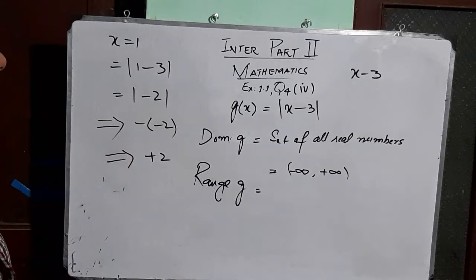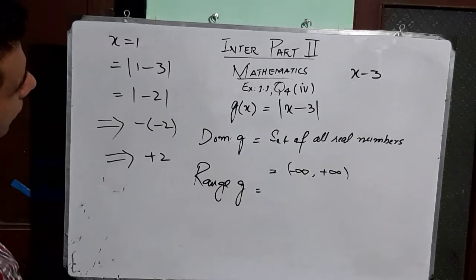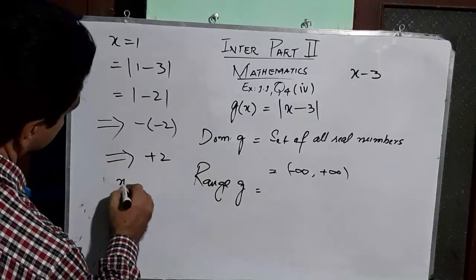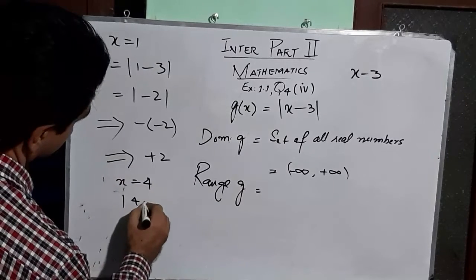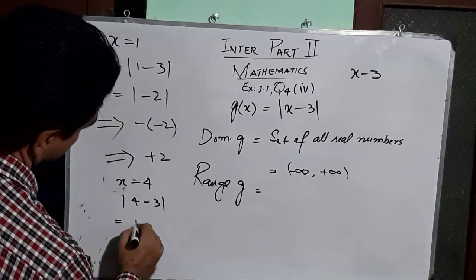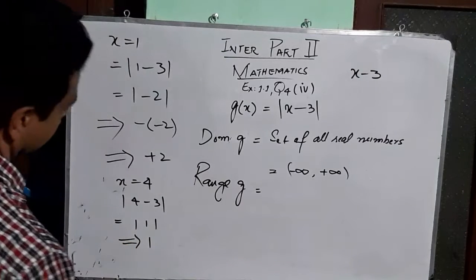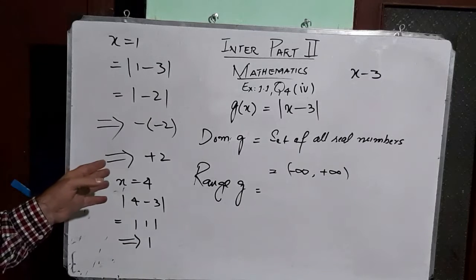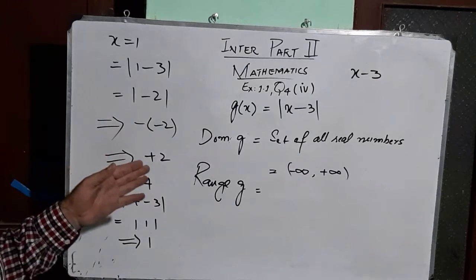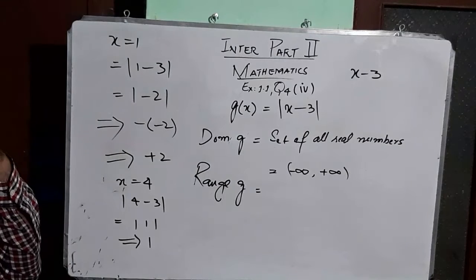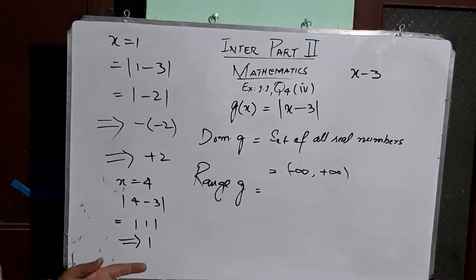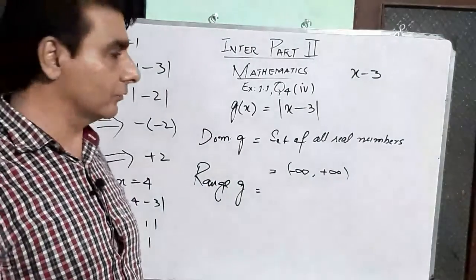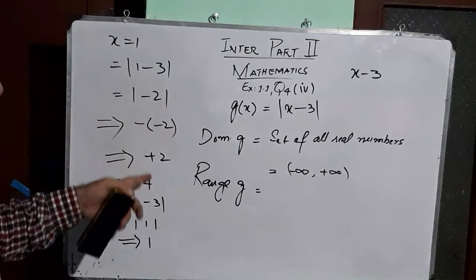So if we put 3 or 4, let's say 4, it implies that 1. Its value will be positive for all real numbers. So domain is all real numbers and range will be the output values. So output values are all positive.